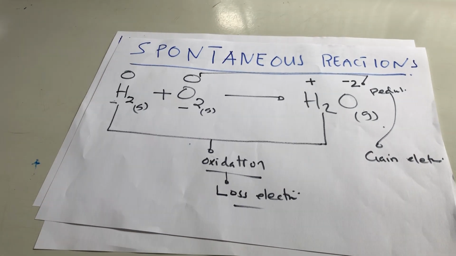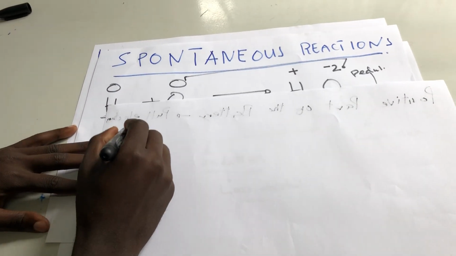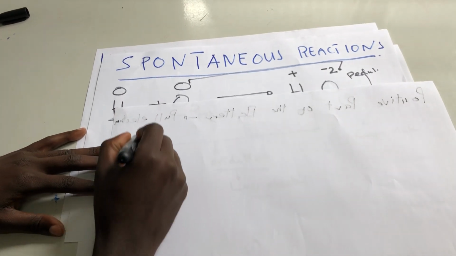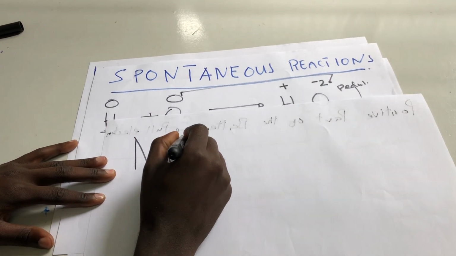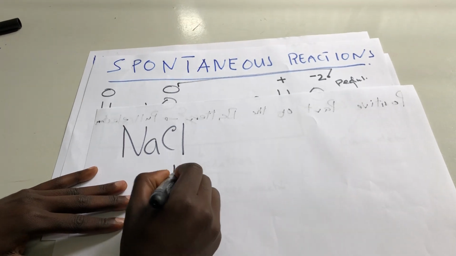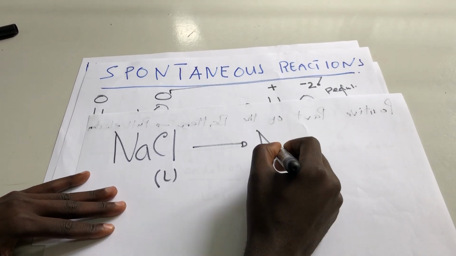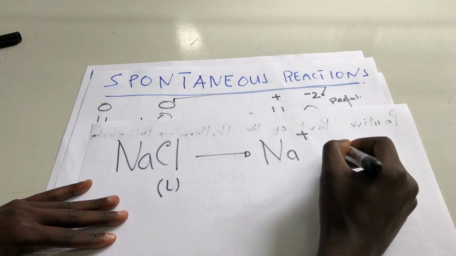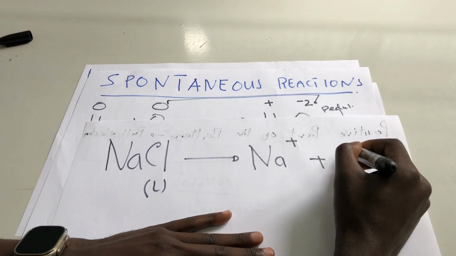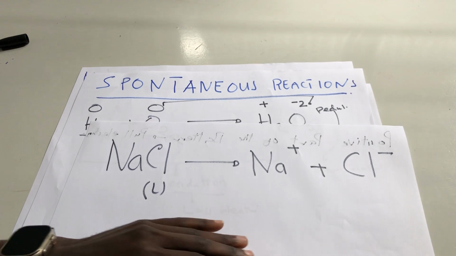Another example is, chukua mfano umechukua water, ndani ya water ukaweza kudissolve sodium chloride. Sodium chloride ukidissolve kwenye water, you will find that you get ions of sodium and ions of chlorine.